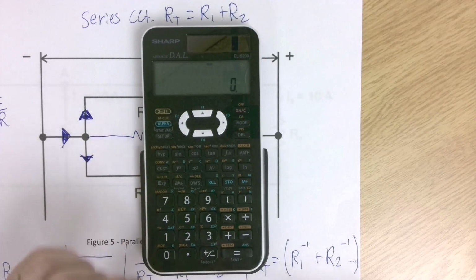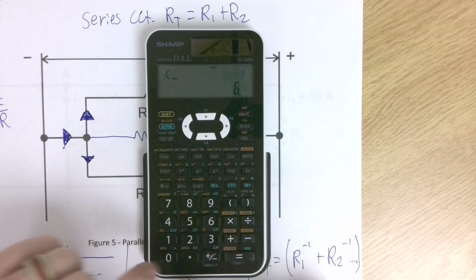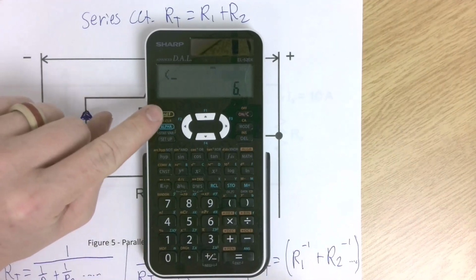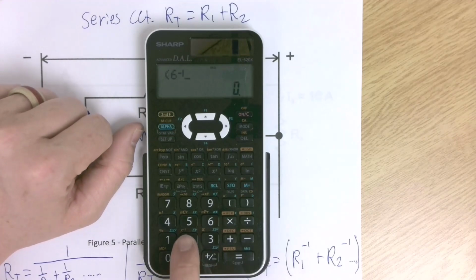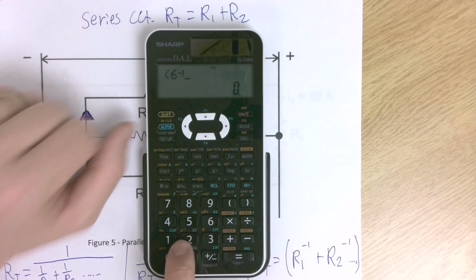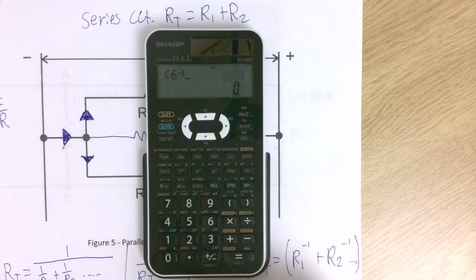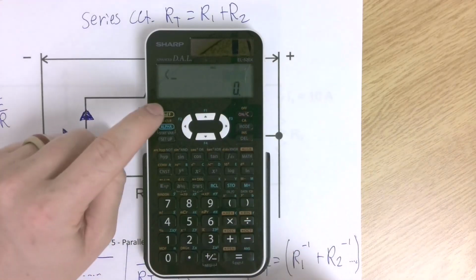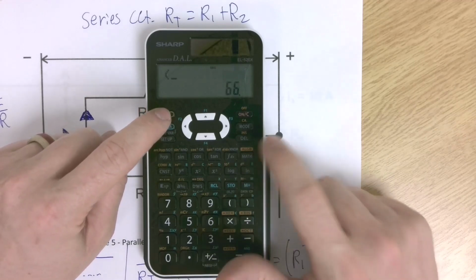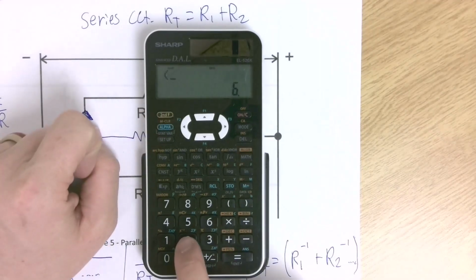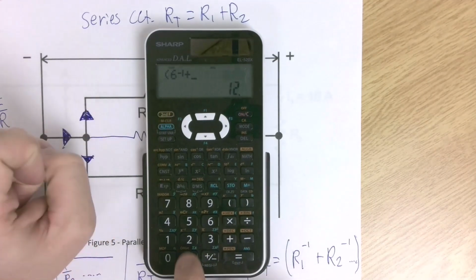What that becomes with the negative ones is: bracket, 6, and then on my calculator I go second x to the negative 1, and on your calculators that x is just representing the number that I've put in. I'll do that again in case you need to find it on your calculator. So 6, second x to the negative 1, plus 12 to the negative 1.